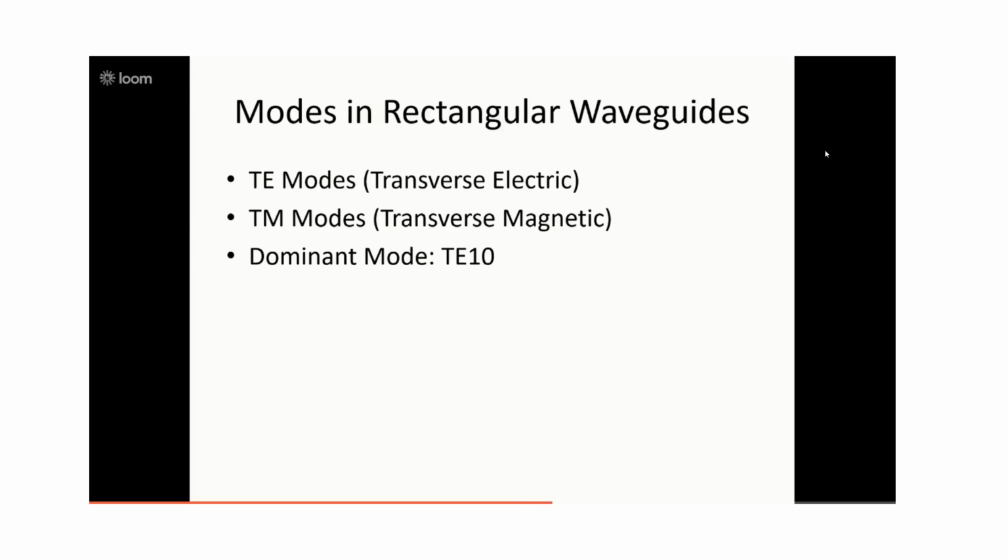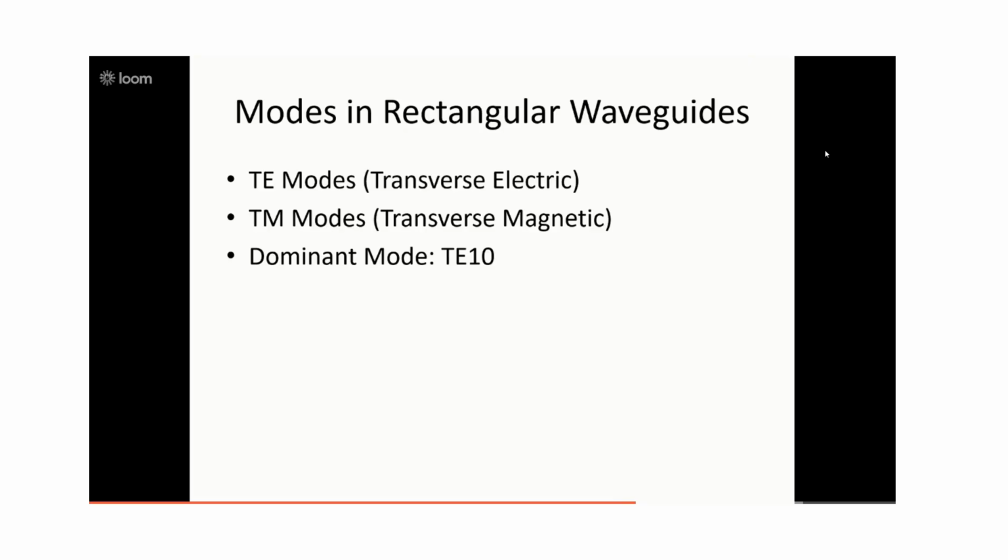Now, let us discuss the modes that are used in rectangular waveguides. A rectangular waveguide usually supports different types of electromagnetic wave modes, such as the TE modes or the transverse electric modes. This is like an electric field that is transverse to the direction of propagation, and as the name suggests, it is known as the transverse electric mode.